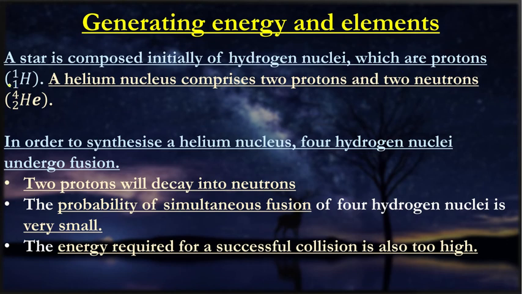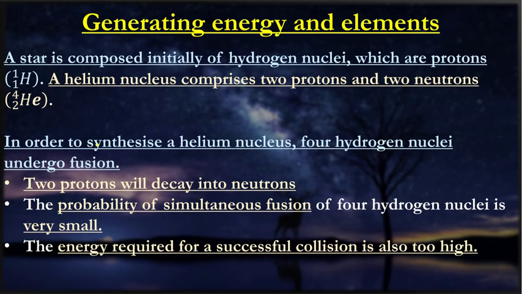We can represent it like that. Remember, the top number here is the atomic mass, the mass number, and then the number down here is the atomic number. The main objective with these fusion reactions is to create a helium nucleus.